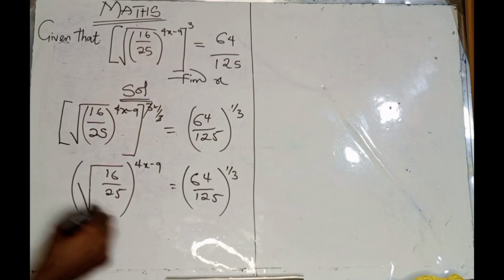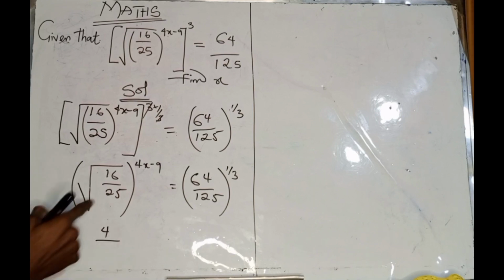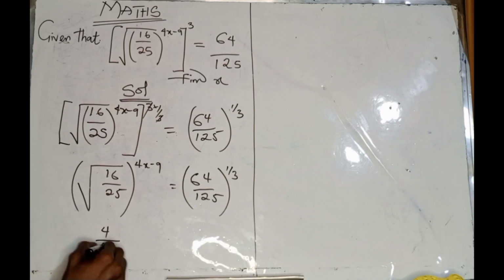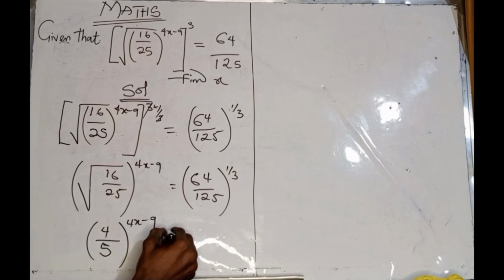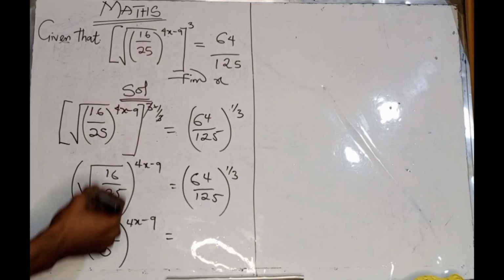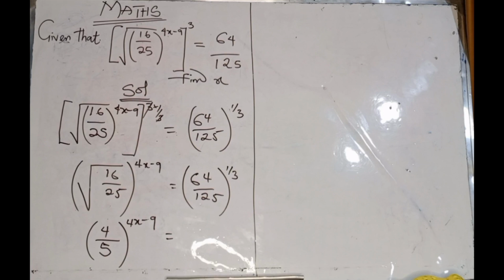Now the square root of 16 here is 4, over the square root of 25, which is 5, raised to the power of 4x minus 9, equals, on the right hand side, 64 divided by 125.